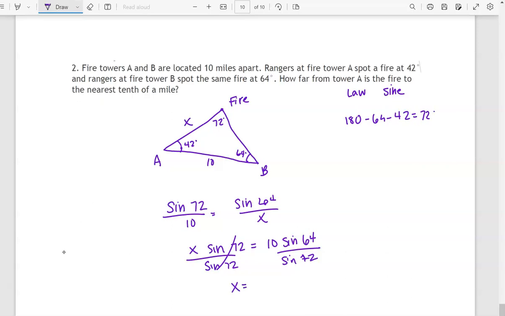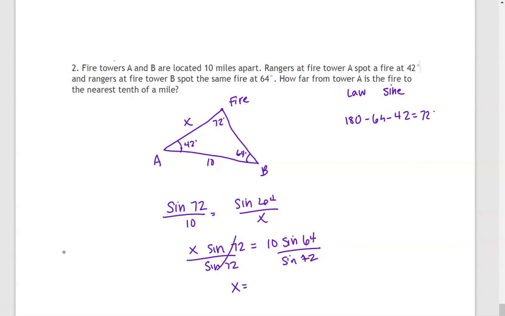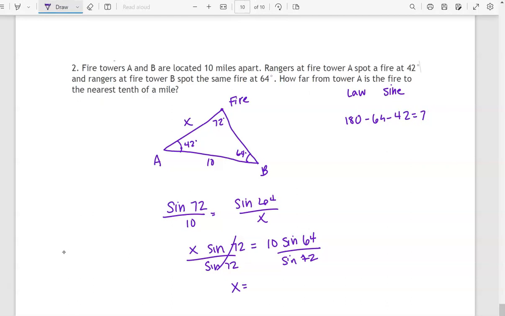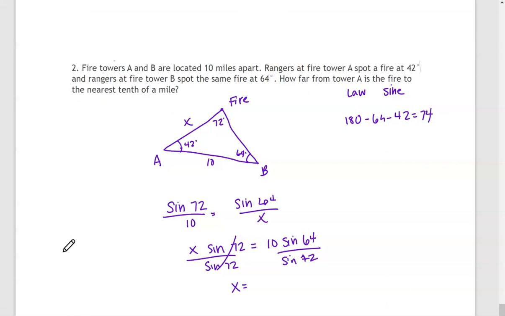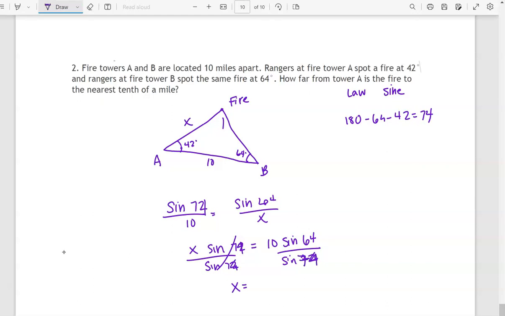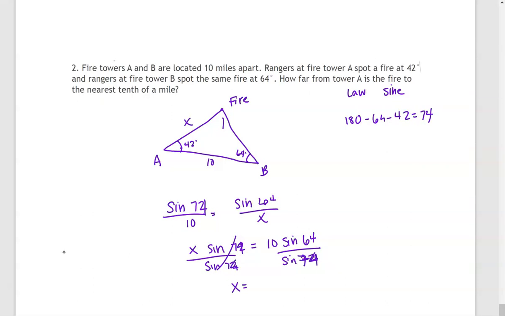So putting that into our calculator, 10 times sine 64 over sine 74. I mistakenly said 72 earlier, so changing all those 72s to 74. There we go. Should give us our answer, which is 9.4 miles.